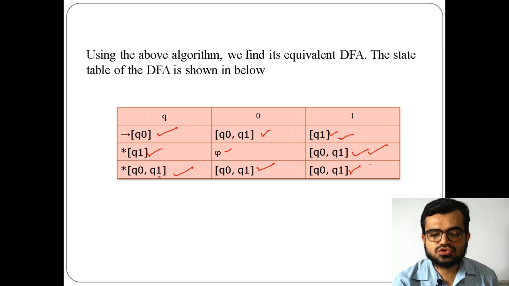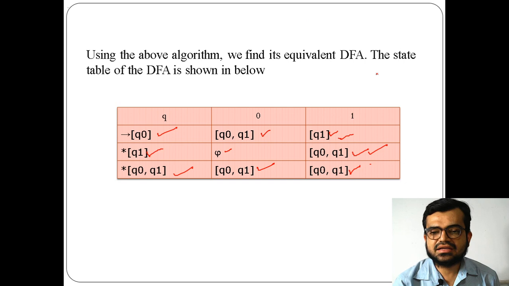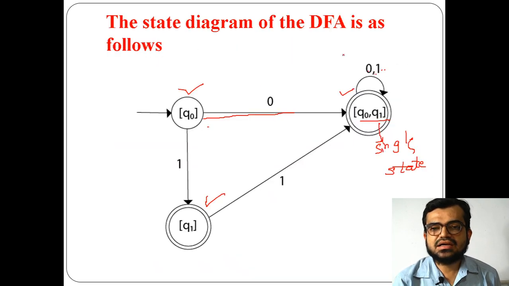And [Q0, Q1], upon receiving input 0 or 1, reaches the same state, that's why here it is repeating, 0 or 1. So this is regarding a DFA.